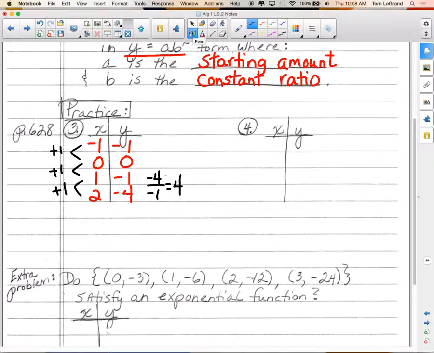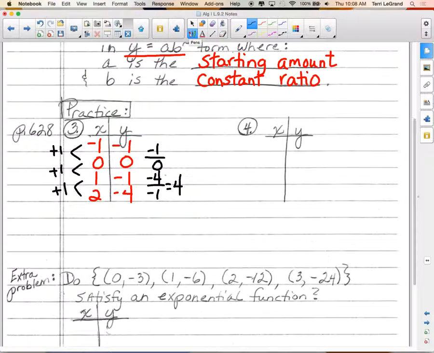Now we're going to take the -1 and divide it by its previous term, which is 0. What is that? It's not 0. Try it on your calculator. Can we divide by 0?